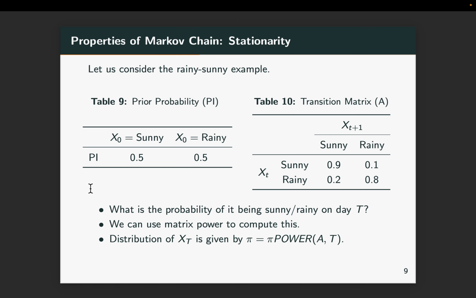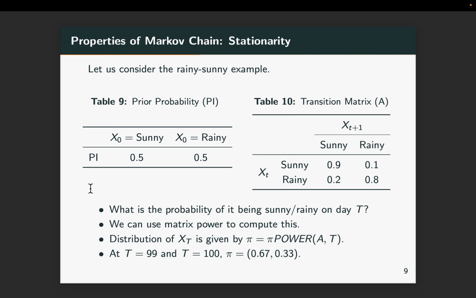So first let me give you the solution and then we'll work through the code to understand why this is the case. I'm saying the distribution of x_t is given by pi times A to the power t, so it is raising the matrix A to the power t. At t equal to 99 and t equal to 100, I get 0.67 and 0.33.